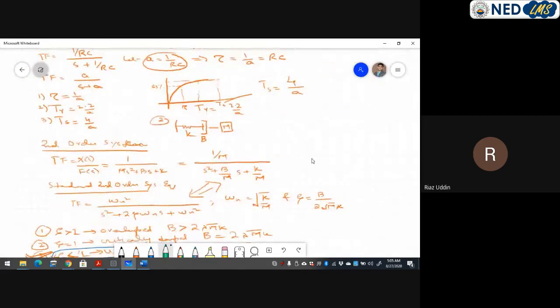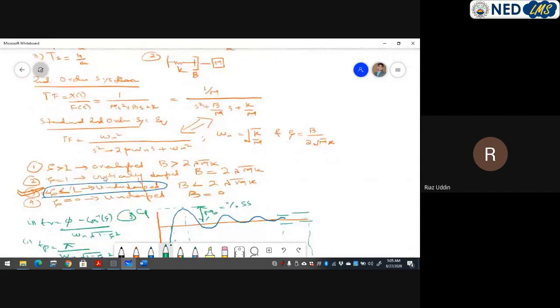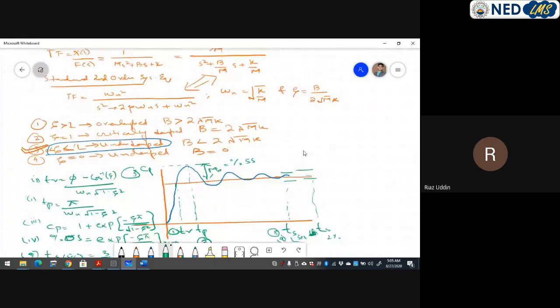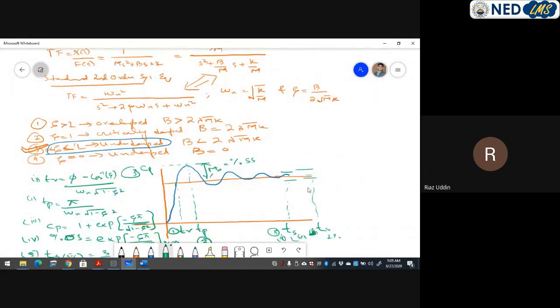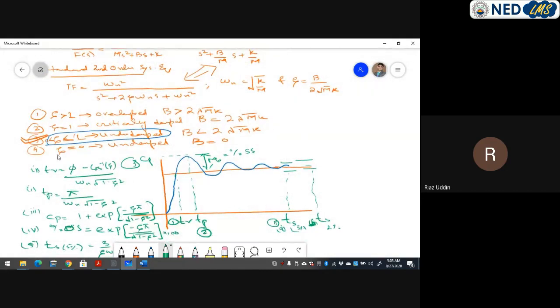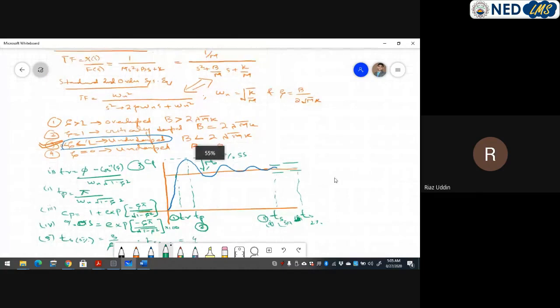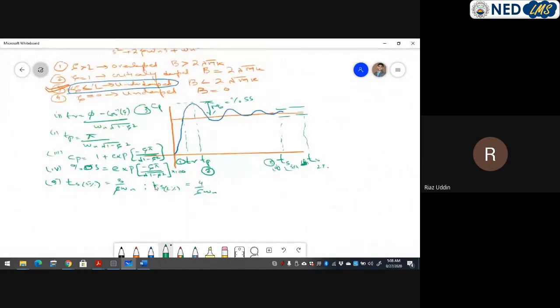In the first order system there are three kinds of time domain specification, and in the second order system we also have them. Specifically we selected the underdamped case, and we solved it through time domain specification.